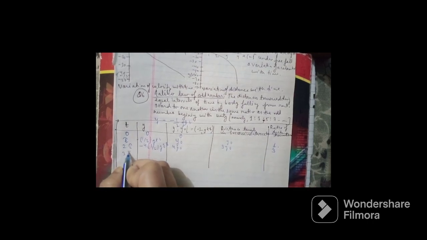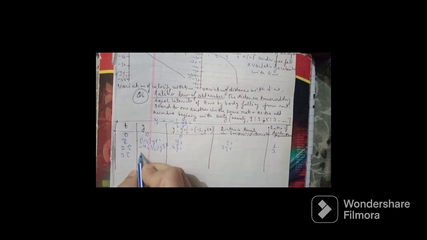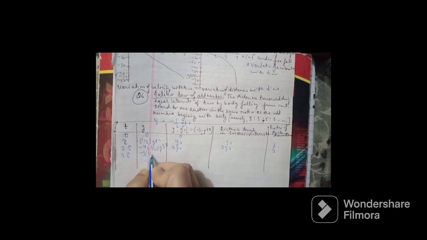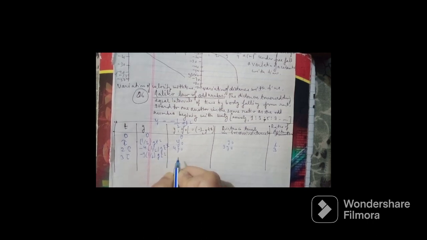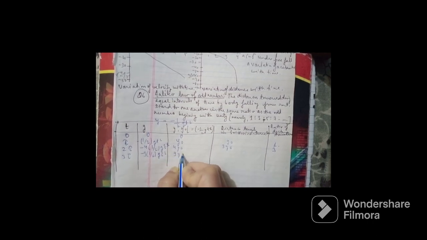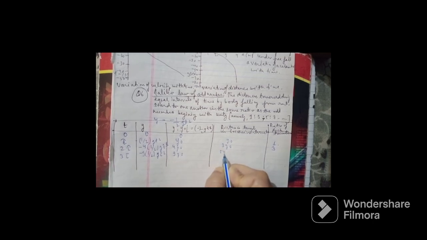Another is 3 tau, which is minus 9 times 1 by 2 g t square, so 9 y naught, 5 y naught, 5.